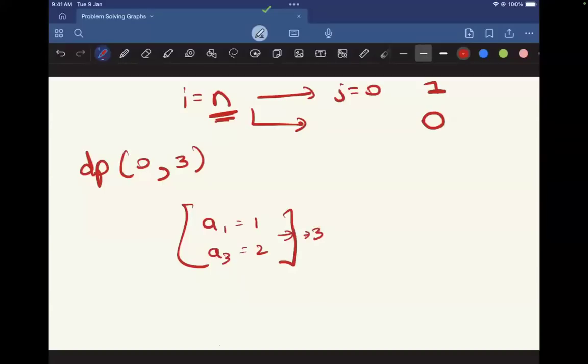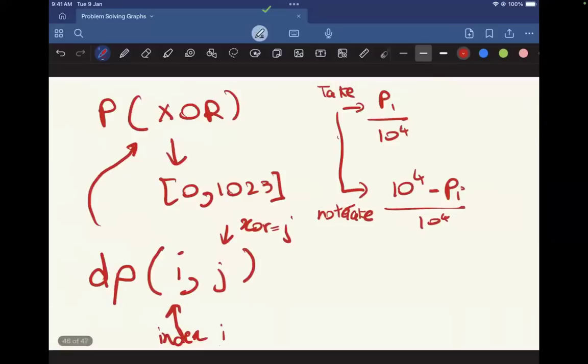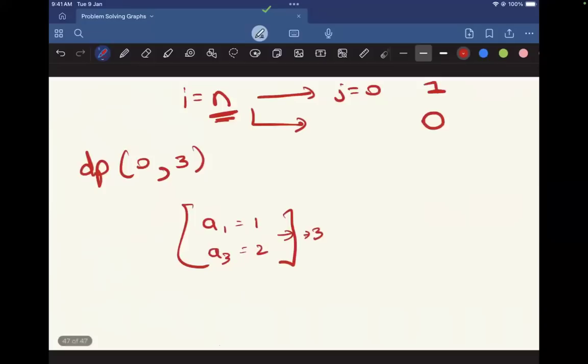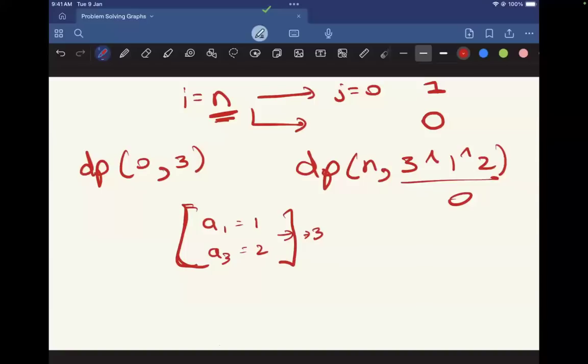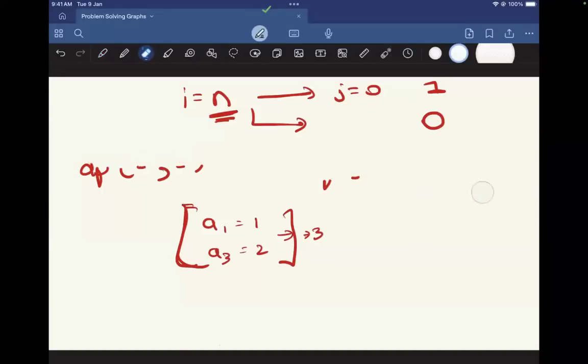So, since I am defining dp of i, j as I am on index I and the XOR of my previous elements is j, since I have picked only these two elements, do you agree that when I am at index n, it would be dp of n, 3 XOR 1 XOR 2? Yes or no? 1 XOR 2 is 3 and 3 XOR 3 is 0. So if j is 0 in the end, we return 1, otherwise we return 0. This is a simple base case.